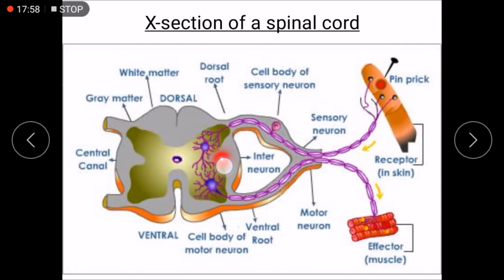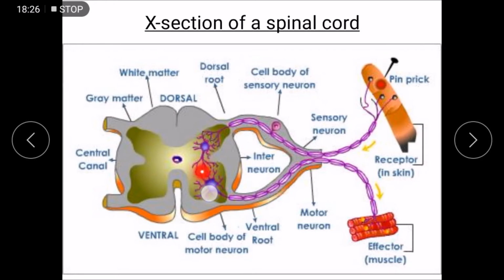From interneuron it joins to the efferent nerve. This efferent nerve will join to the effector, to give out the response. From interneuron to efferent neuron, the efferent neuron has its body cell here. So this is why the gray matter contains a lot of body cells.